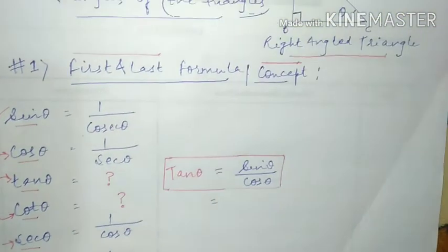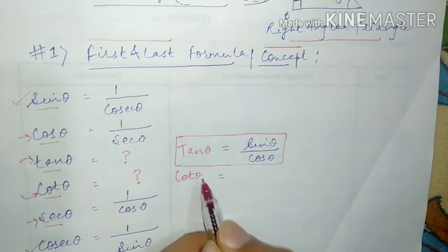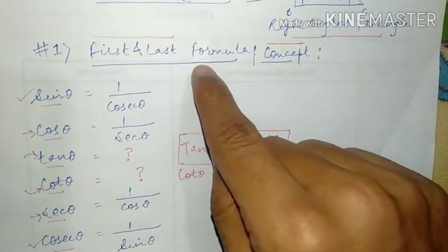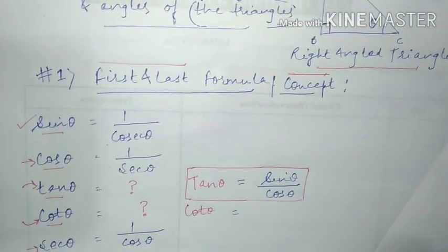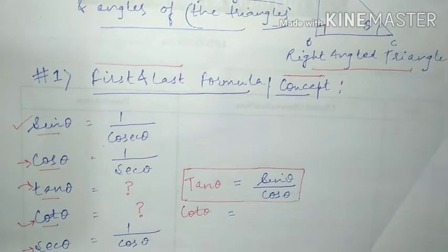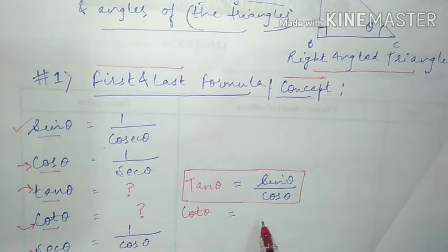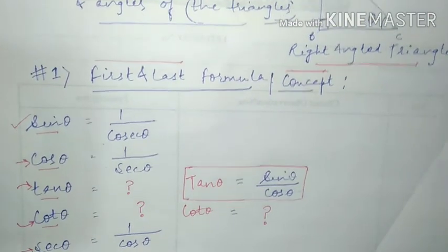And now you are to make the formula for cot theta using this concept, first and last concept, and you have to tell me what could be the formula of cot theta using sin theta and cos theta in the comment box, right?